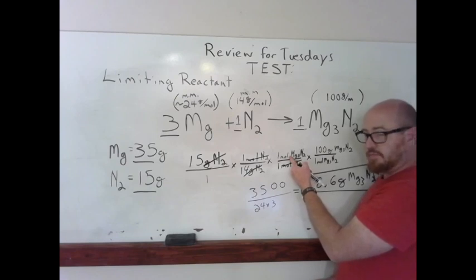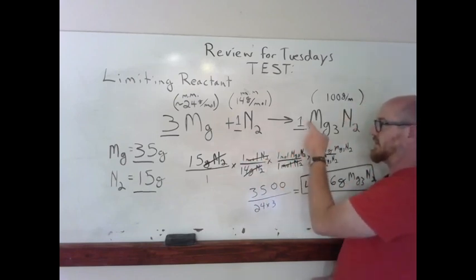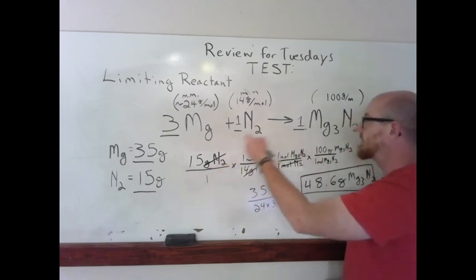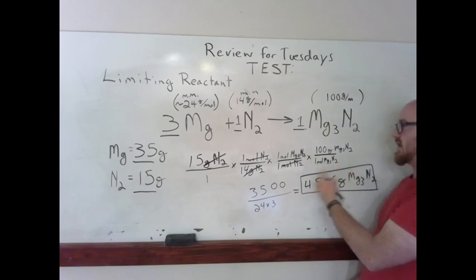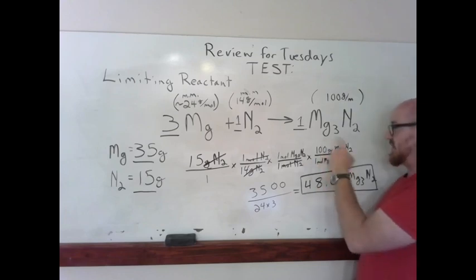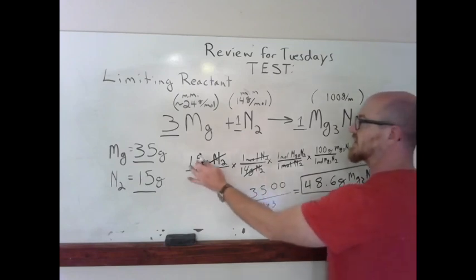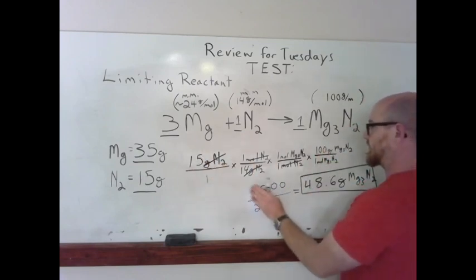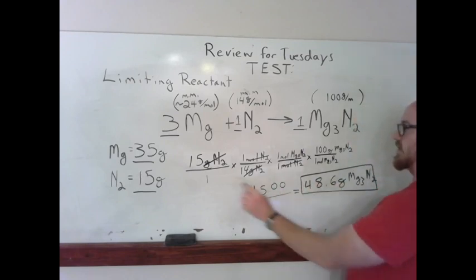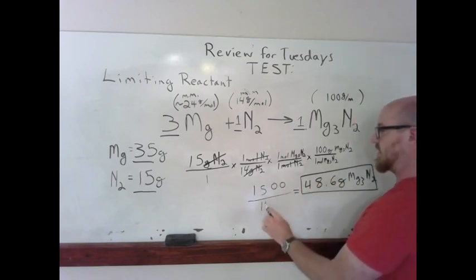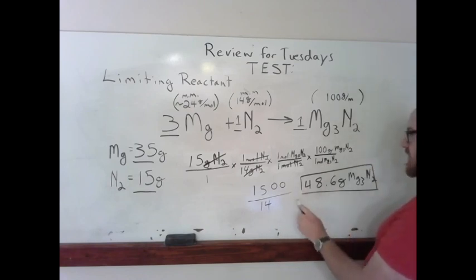We convert to moles because we're comparing this mole ratio to here. So we're converting it back again. The same steps we just did. And now we go to moles of magnesium nitride is equal to 100 grams of magnesium nitride. Do the whole set thing again. In this case, 15 times 100 turns it into 1,500. But down here, we've just got it divided by 14.